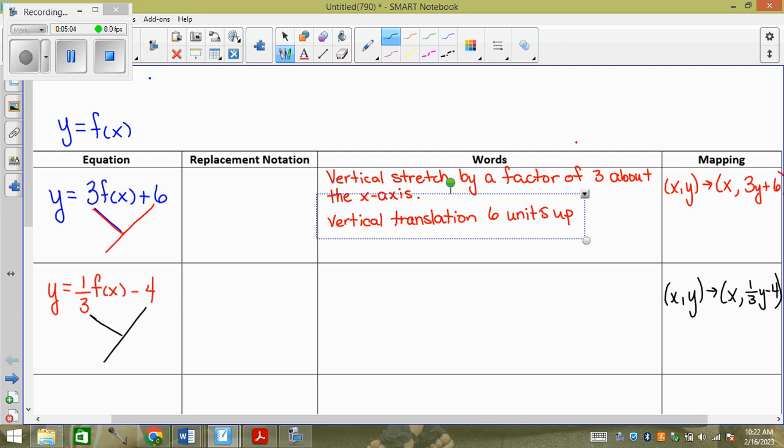Verticals are the easiest, right? So I have a vertical stretch by a factor of what? 1/3 about the x-axis. Is there a reflection? Nope. Vertical translation.